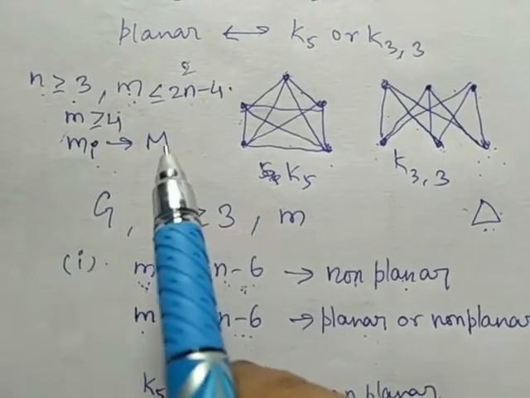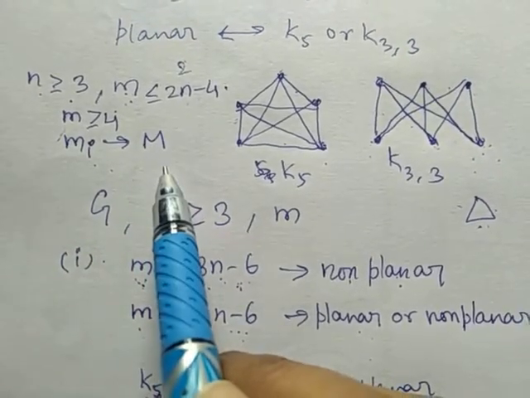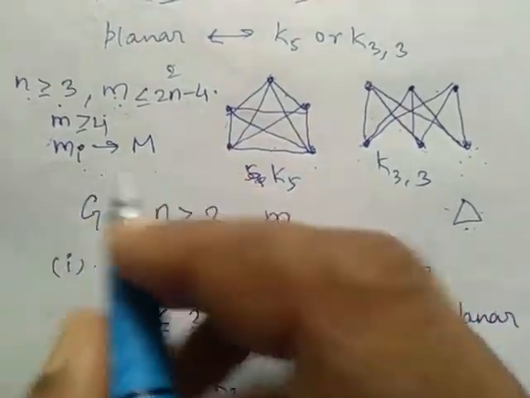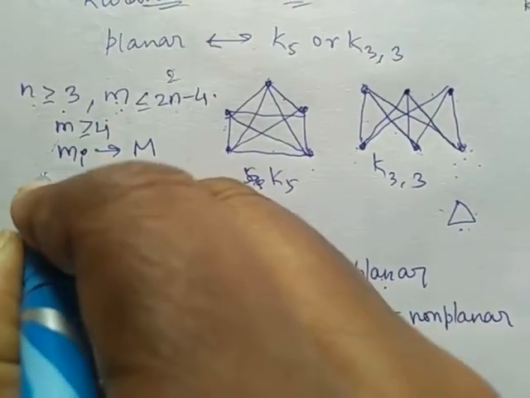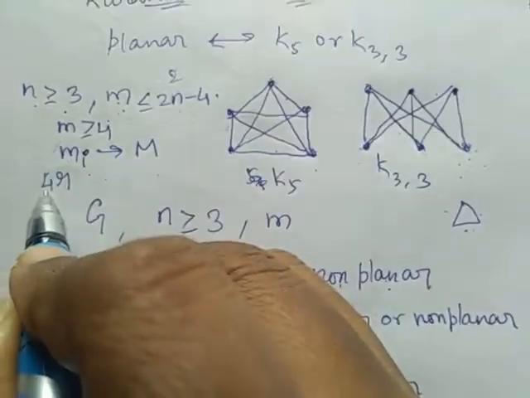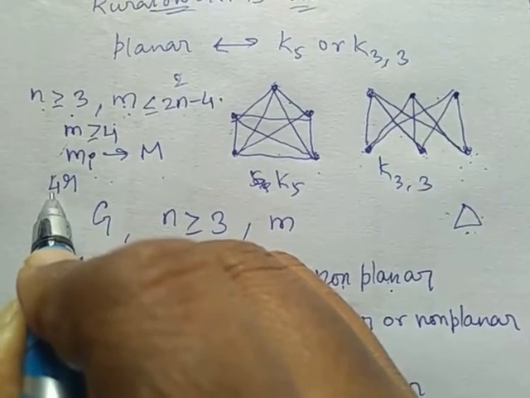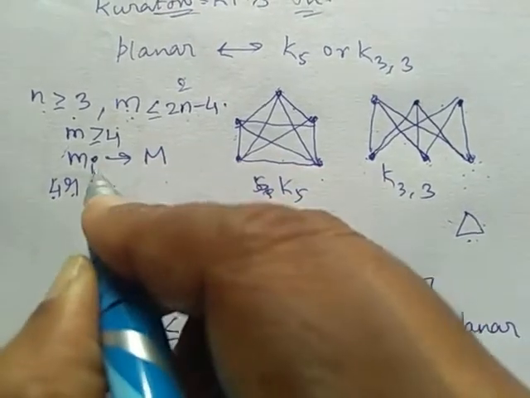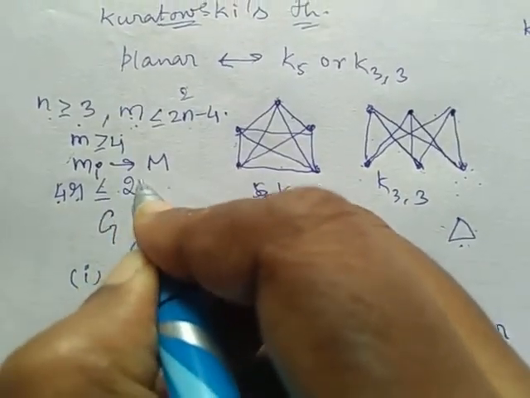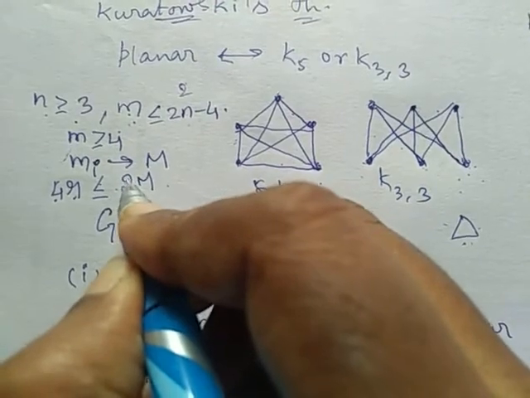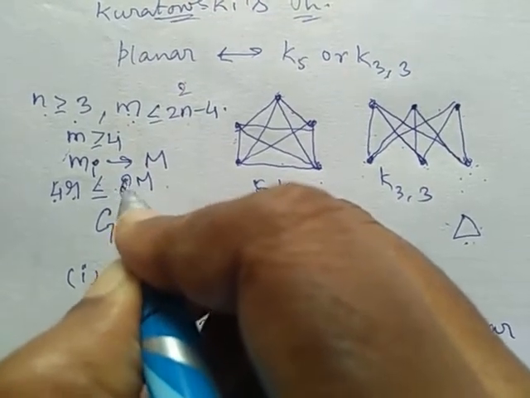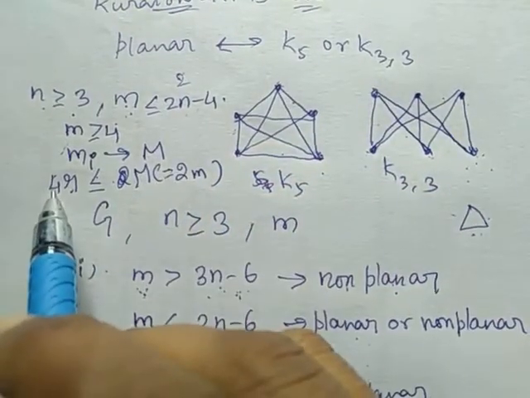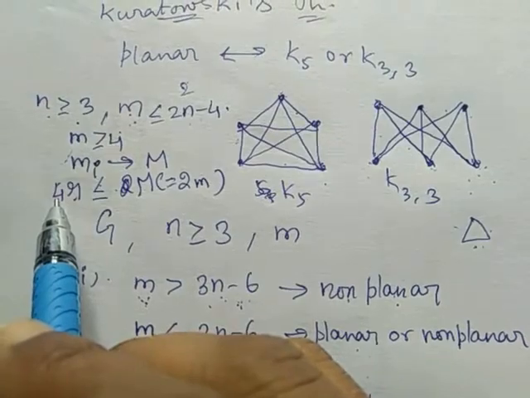Also, we are going to count the number of edges twice. Therefore, we are having 4r, where 4 is the number of edges in the boundary, at least it is having 4, and r is the number of regions, is less than or equal to twice of m. m is counted twice, it is equal to 2m. 4 is the minimum number of edges in the boundary.